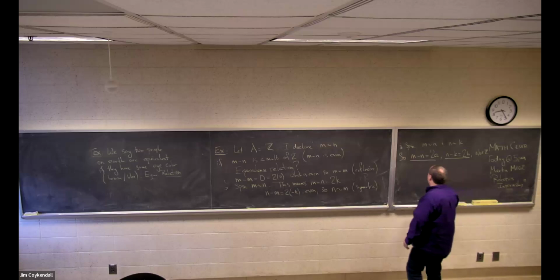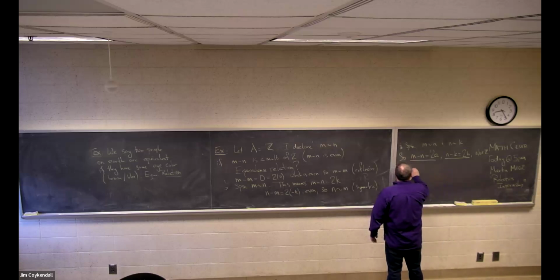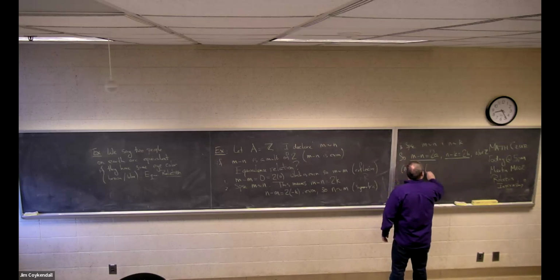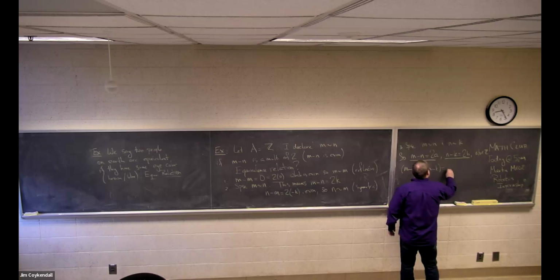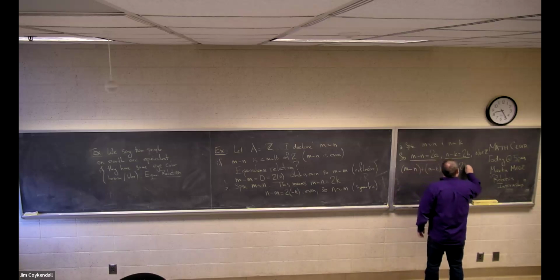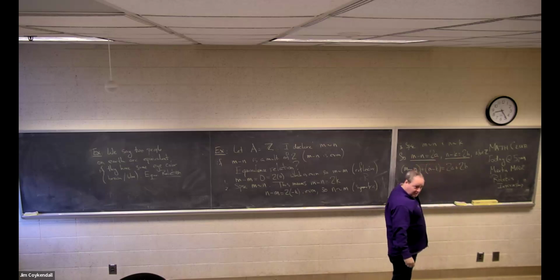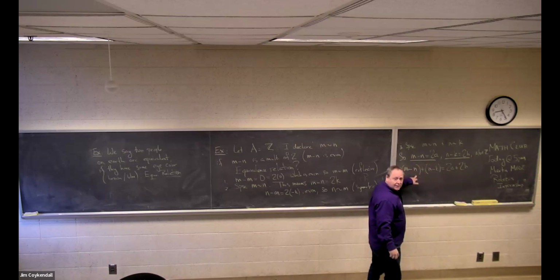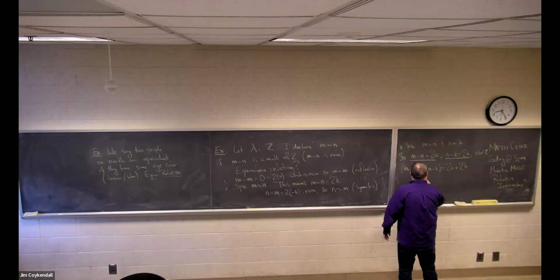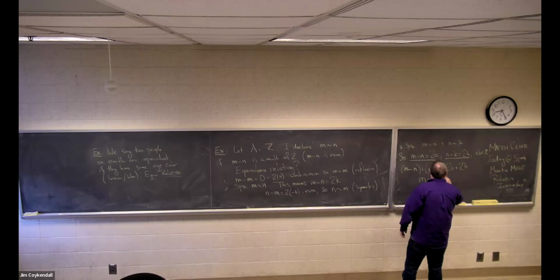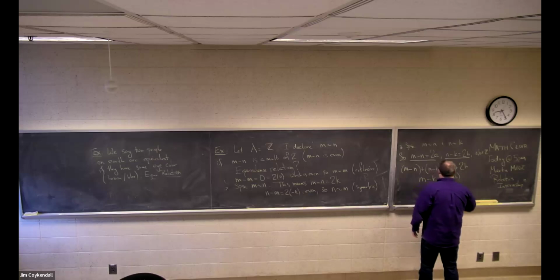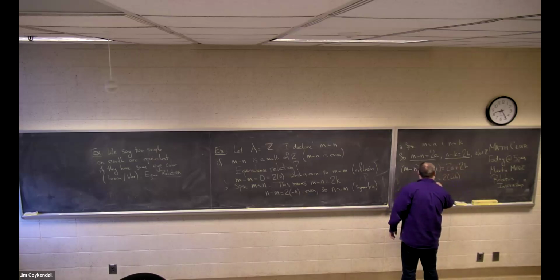Let's try that. Notice, conveniently, the n's drop out, don't they? So this is m minus k is 2 times a plus b. So m is related to k.